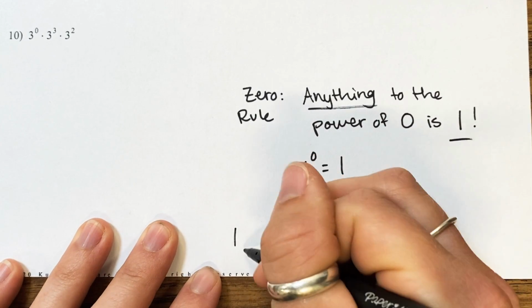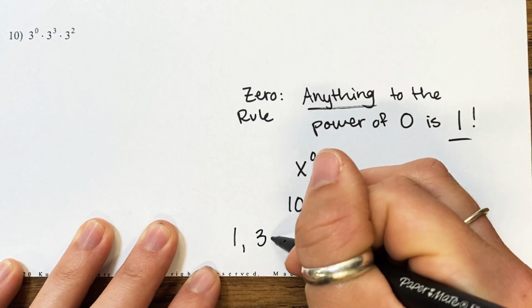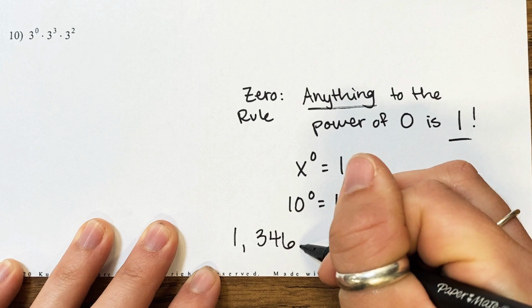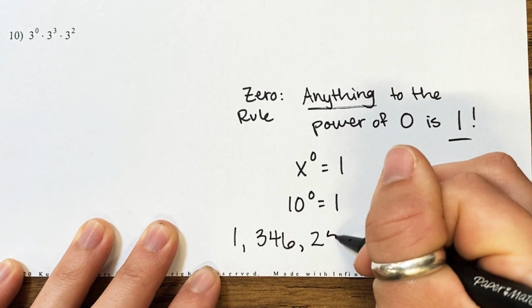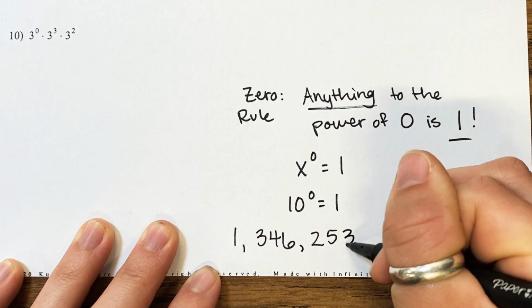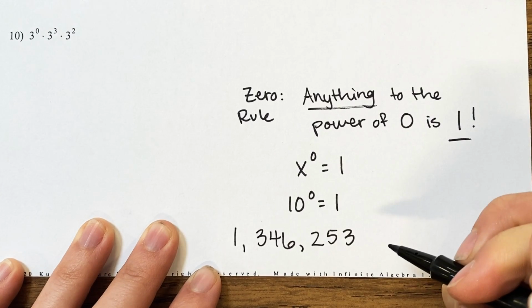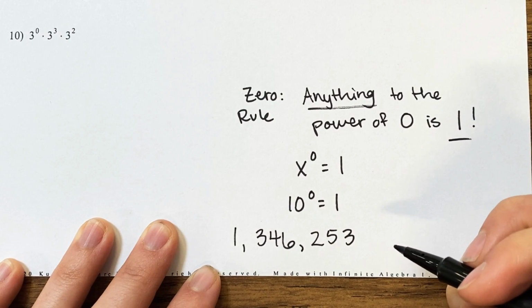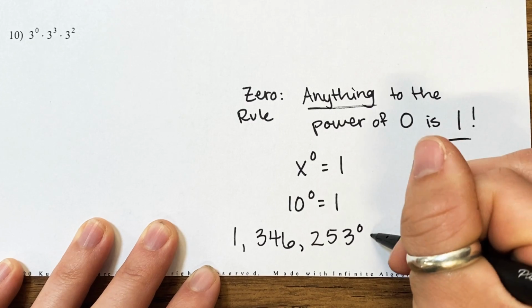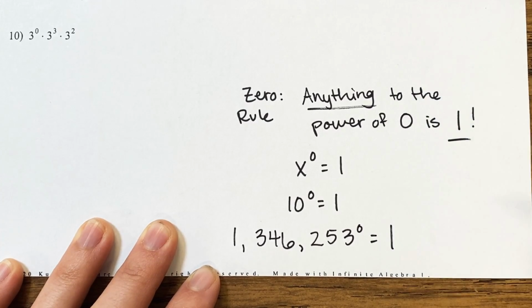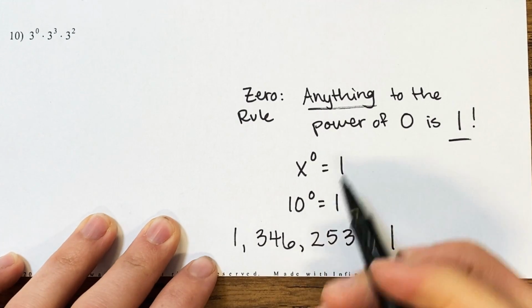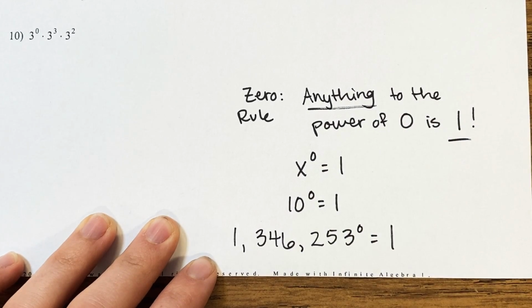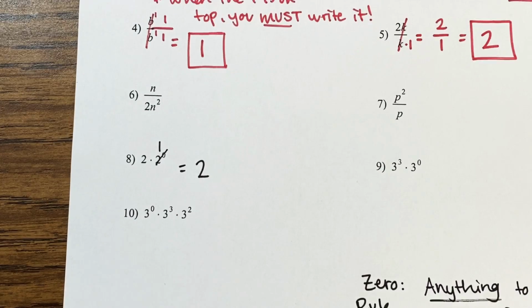It can be 1,346,253. I don't know why I said dollars. Maybe it's because I want that much money. To the power of 0 equals, yep, 1. It doesn't matter. Anything to the power of 0 equals 1. Anything. Okay, so we know on number 8 that equals 2.